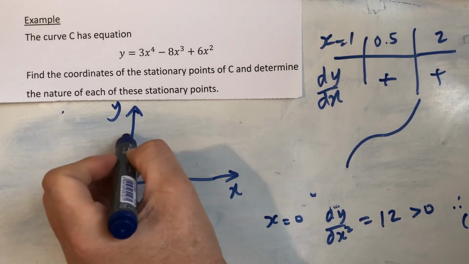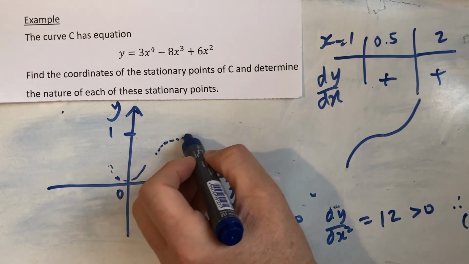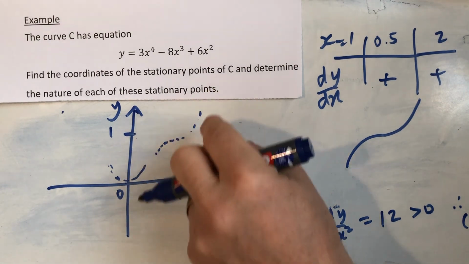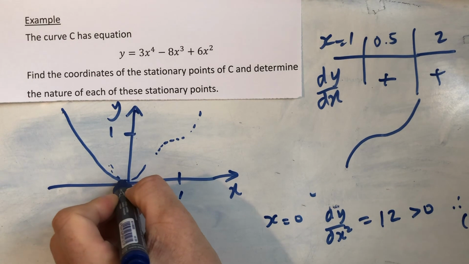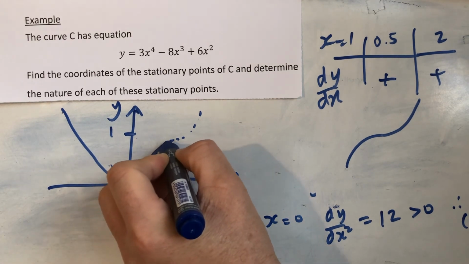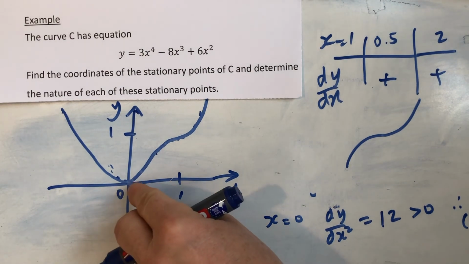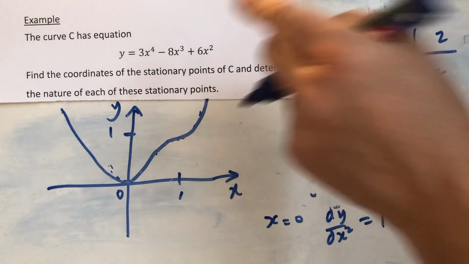And then at 1, 1, if I exaggerate 1, 1, we know that it goes like that. Positive gradient, 0 gradient, positive gradient. So the graph must have come down here, turned round, levelled off, and then gone back up. Minimum point, point of inflection. And that's the graph for that equation.